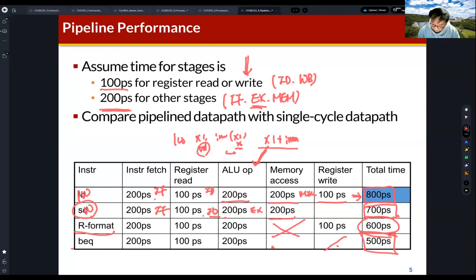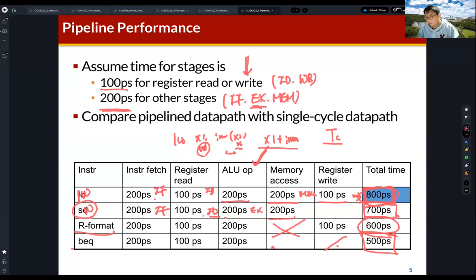But I mentioned that the clock period is determined by the delay of the critical path, right? So that is the delay of the longest execution path. So what is the longest delay?